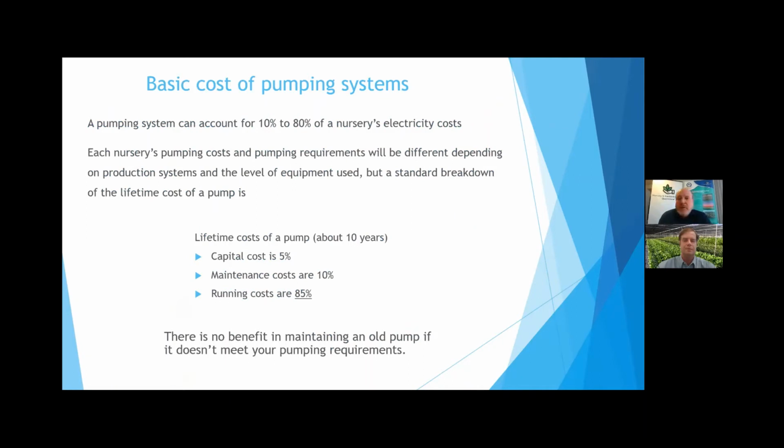Just having a look at some basic pumping cost breakdown. Depending on the size and type of nursery or farm, a pumping system can account for between 10 and 80% of all electricity costs. Although the principles of plant production are similar, each grower will have slightly different pumping needs and should assess their pumping system to determine if their pump is appropriate for their particular current and future irrigation requirements.